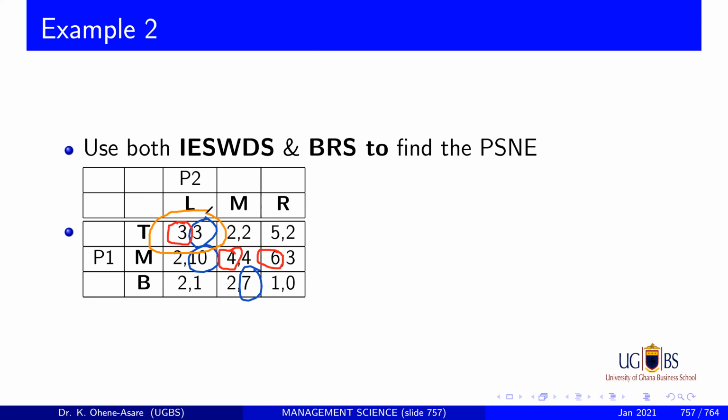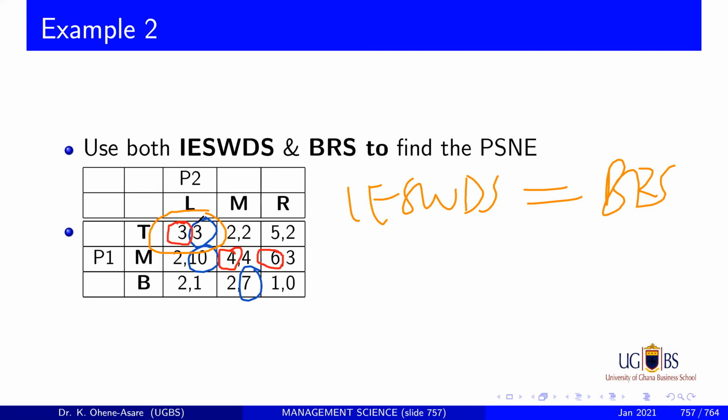The reason why I realized I missed it is because the iterative elimination of strictly or weakly dominated strategies should eventually lead to the same equilibrium as the best response approach. Do you remember, I think one of you asked me to explain how the iterative deletion approach ended up with a 3-3?